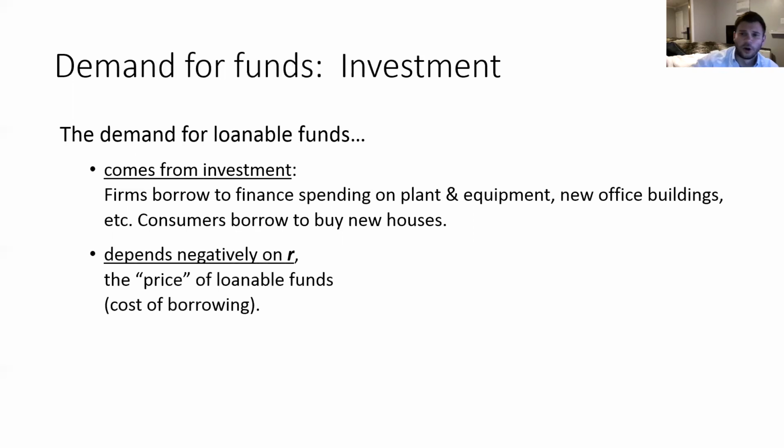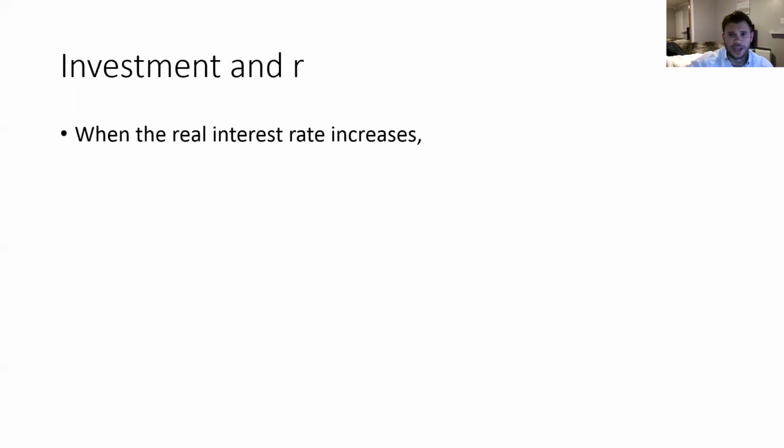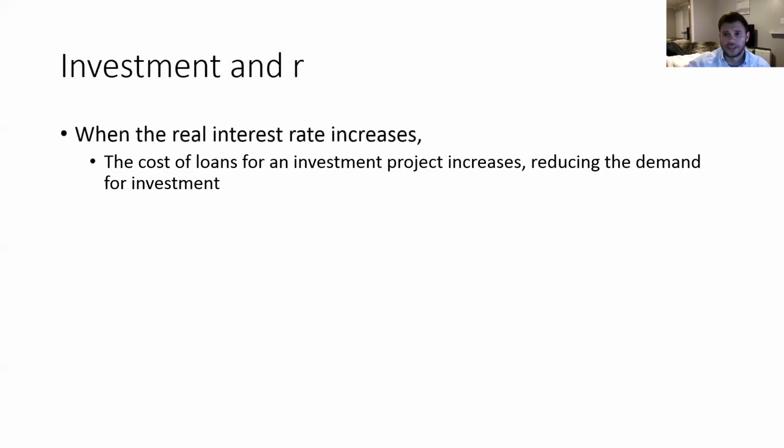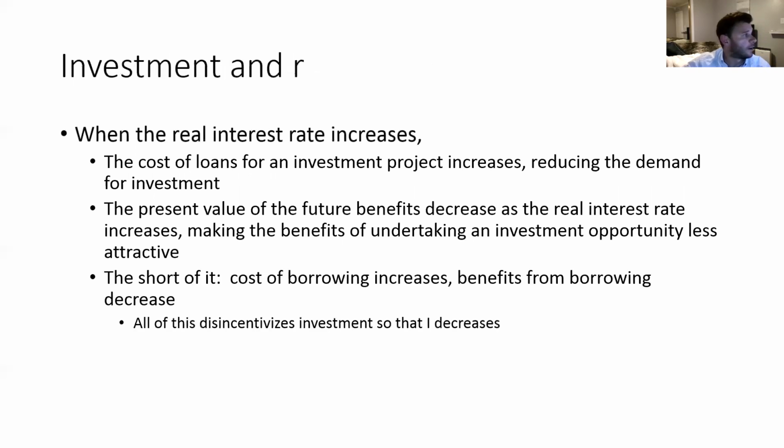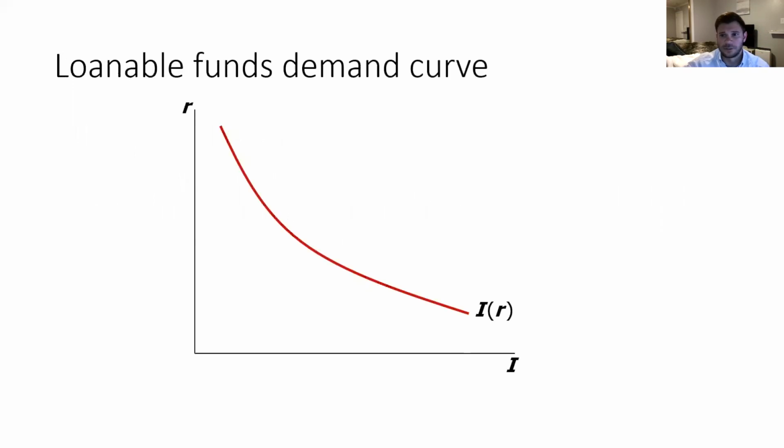And when R goes up, a few things happen. We said the cost of taking out the loan increases and the benefits of taking out the loan go down, both of which unambiguously disincentivizes the demand for loans or disincentivizes the demand for investment. So again, this suggested that the investment demand curve sloped downwards, which we had seen before.